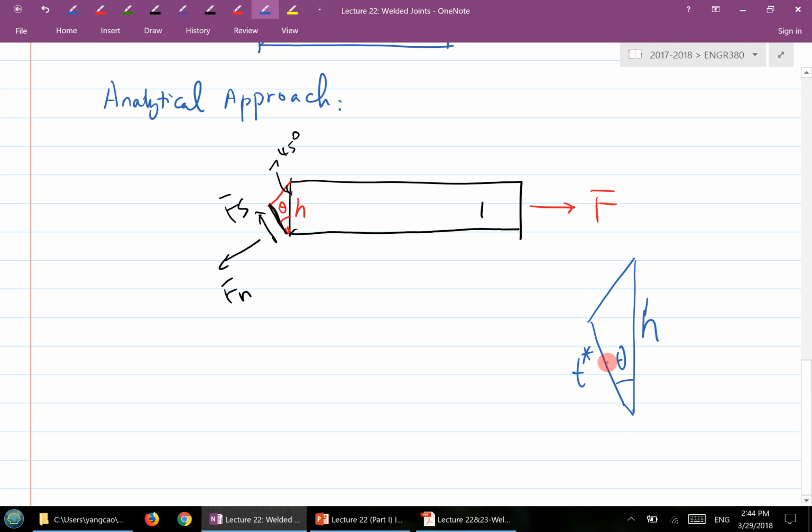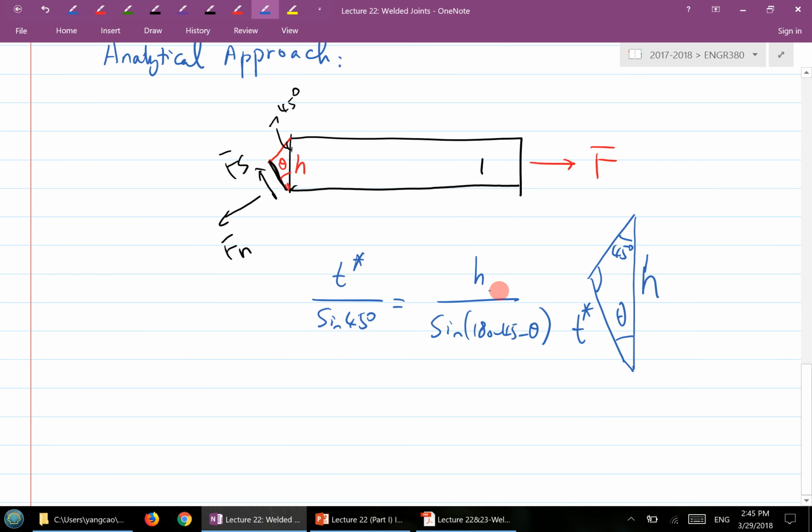Mathematically, you can use triangle trigonometry. T star over sine of this angle, which is 45, equals H over sine of this angle, which is 180 minus 45 minus theta. That's a trigonometric identity.